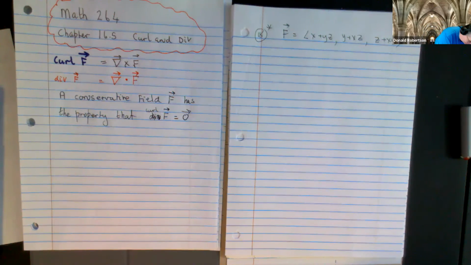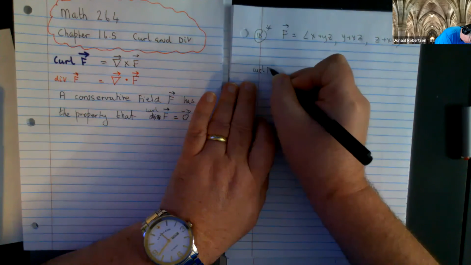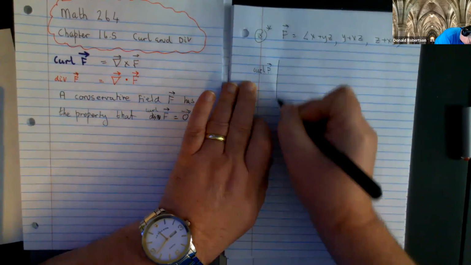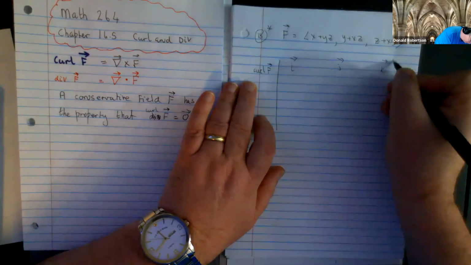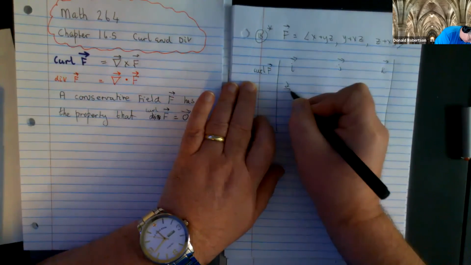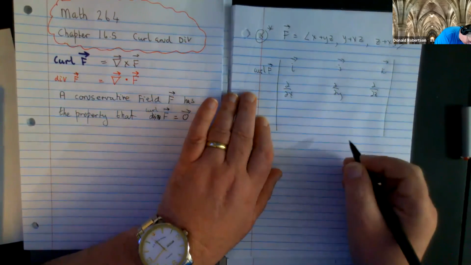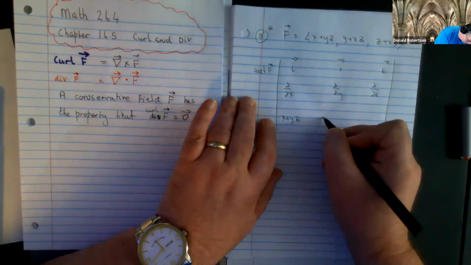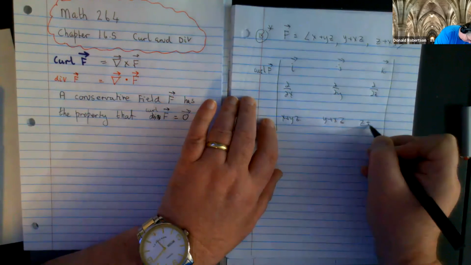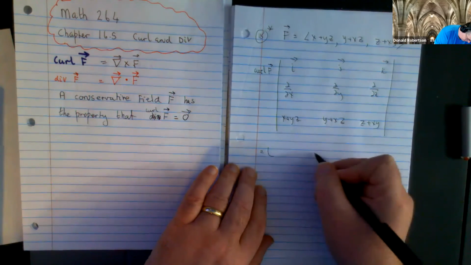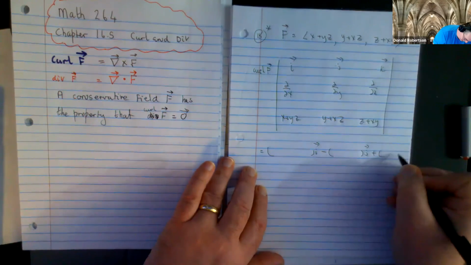Right? So the curl of F is the operator i j k applied to x plus yz, y plus xz, and z plus xy. So many i's, take away so many j's, plus so many k's.